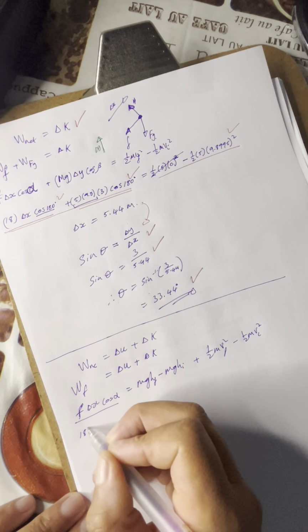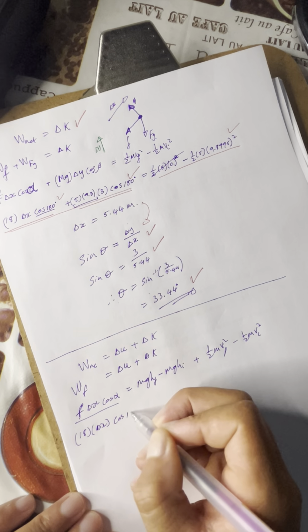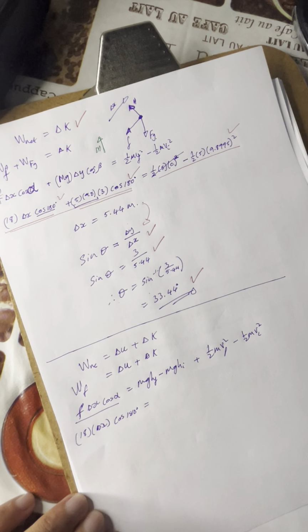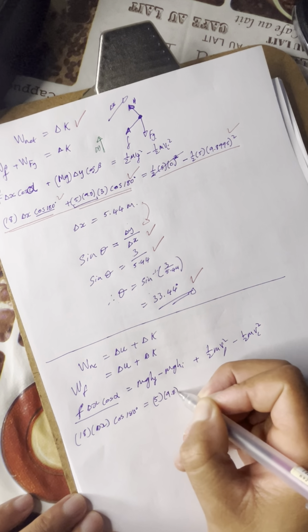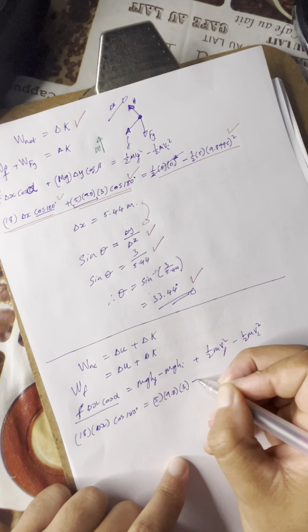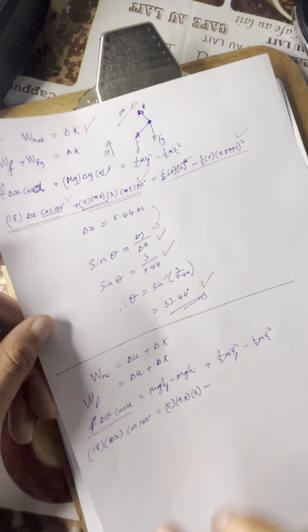It's 18. It's not known. Cosine of 180 as before. The work done by frictional force is negative. It's 5, 9.8. The final height, this is going to be 3. The initial height is 0 because that's on the flat surface.